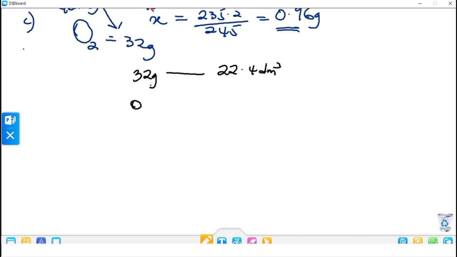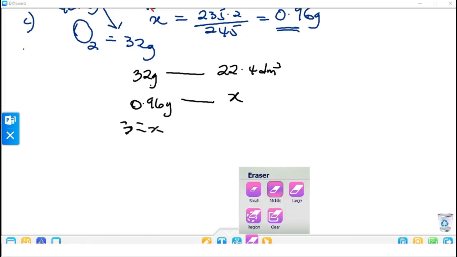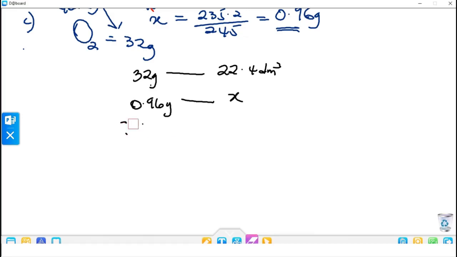So 0.96 grams of oxygen will occupy X volume. And when we cross multiply, we're going to have 32X. It is not clear, our pen is skipping.